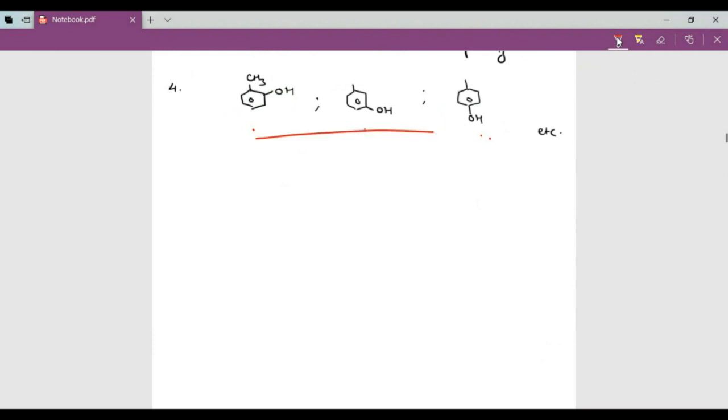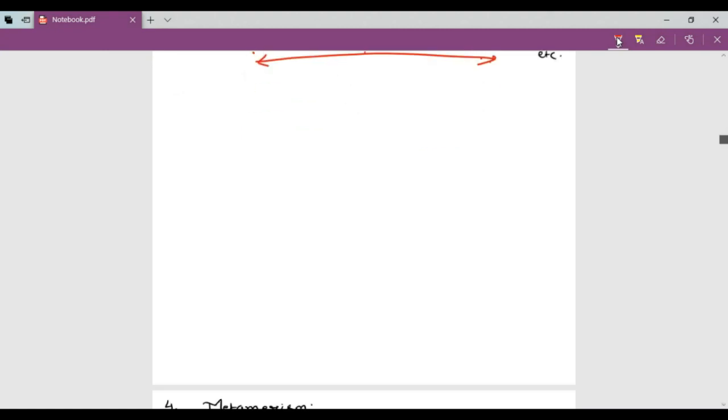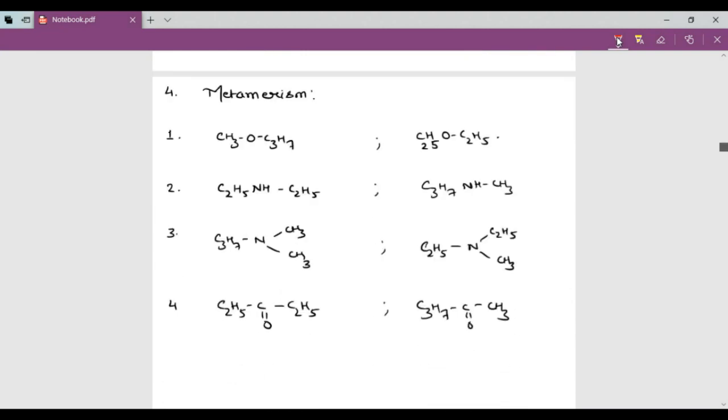So the difference in these three is only the relative position of CH3 and OH. So again, they are called positional isomers of each other. Okay, is that clear? These three are basic. Let's move to metamerism.